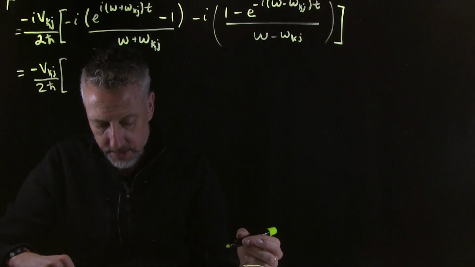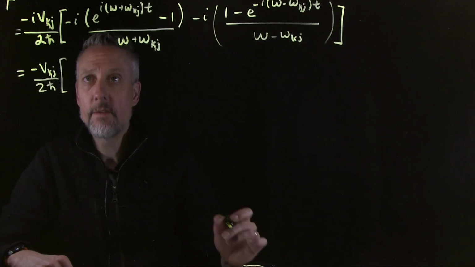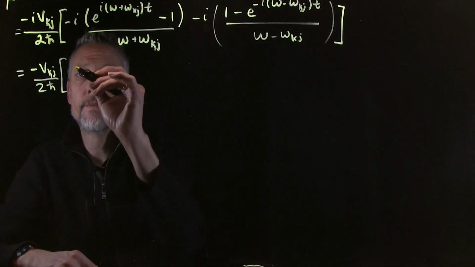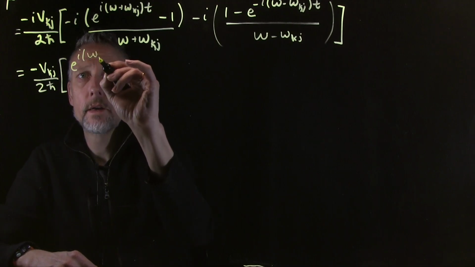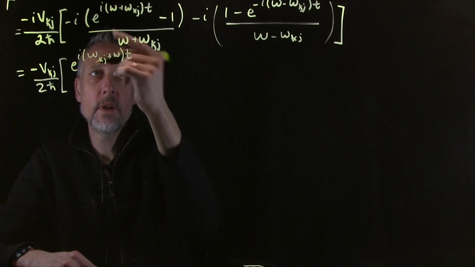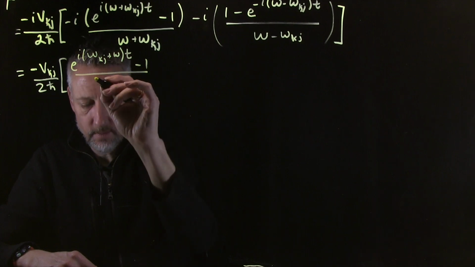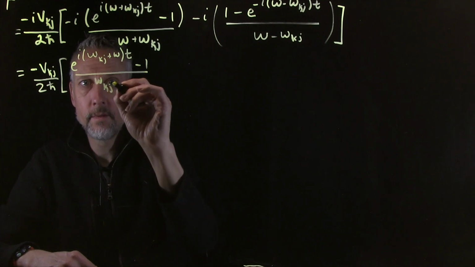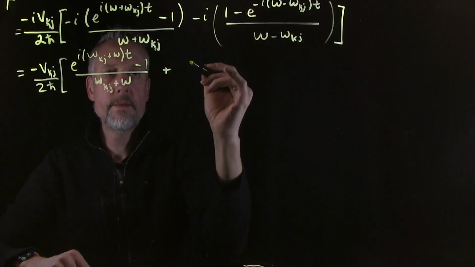And then all we're doing is just rewriting this. There might be a more convenient way to write this. e to the i (omega_kj plus omega), it's this positive sign, so it makes no difference, minus 1 divided by omega_kj. We can swap order if we swap the order here.